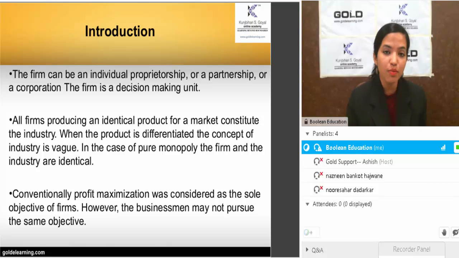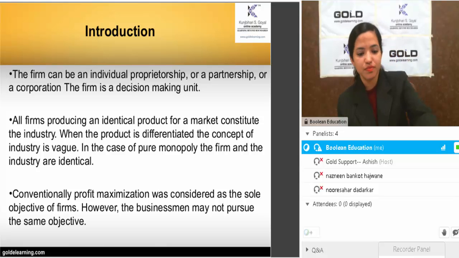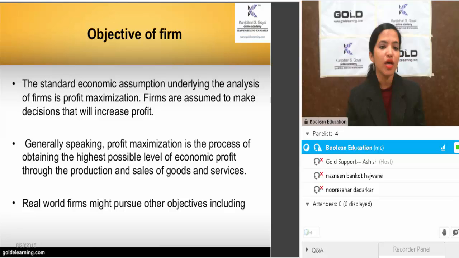But right now people are saying that is not the only objective of a firm. A firm has many other objectives which they have to fulfill. So, standard economics assumes that the analysis of the firm is underlain by profit maximization. Firms are assumed to make decisions that will increase profit. So, it's a simple thing. Let's assume a school, right, where your kids go.